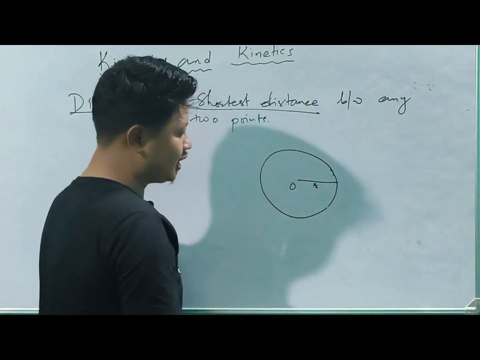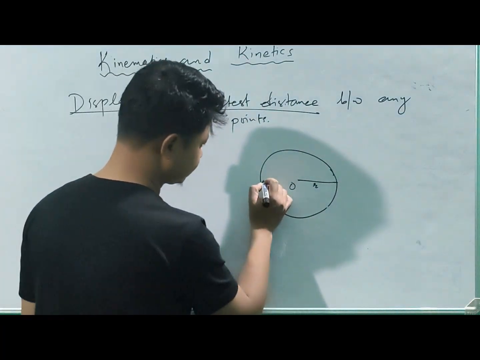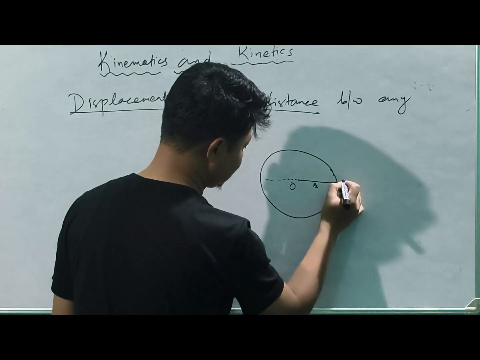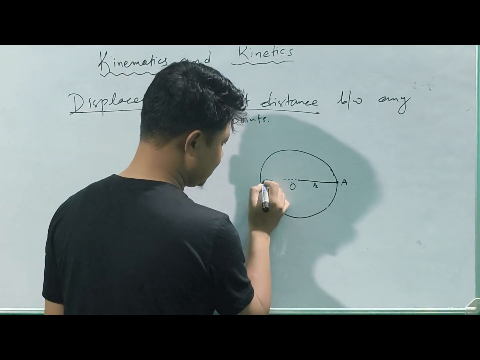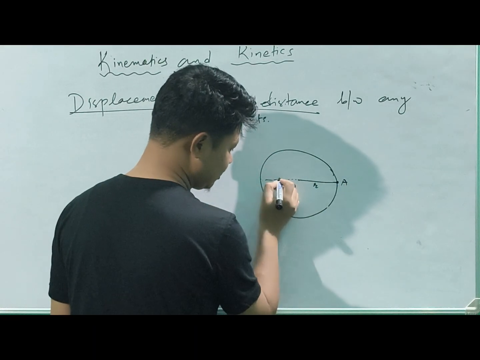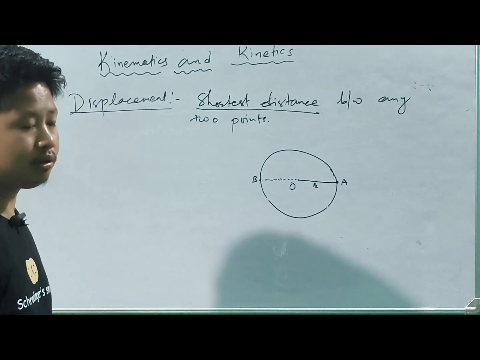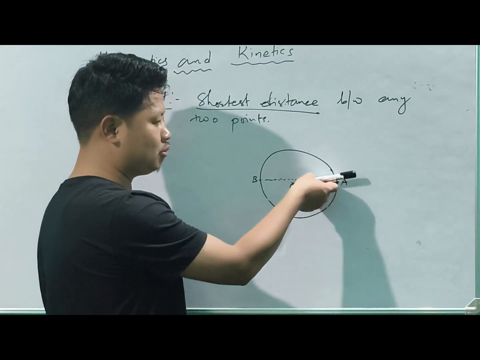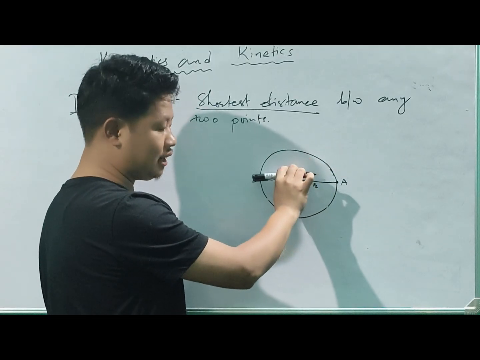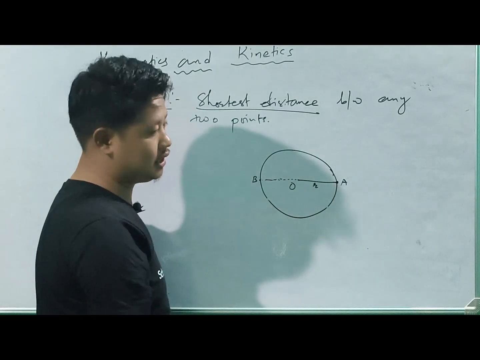Okay, let us do one by one. Let us say the initial point is A, and let us say this point is B. Now the particle will start from point A, and after some time it will reach point B.